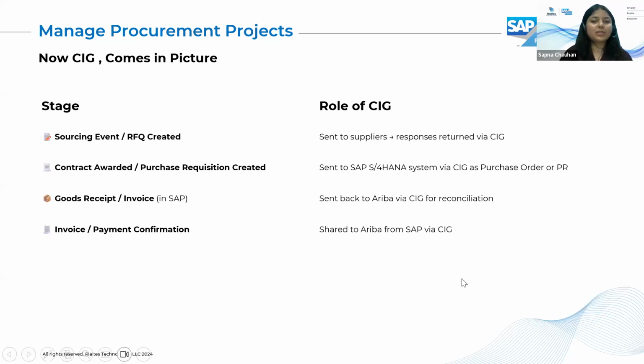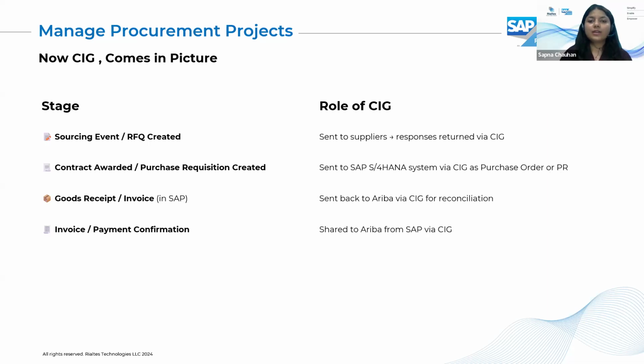Now CIG comes into the picture: it sends the purchase order or PR to SAP S/4HANA, and sends responses back to Ariba. At that stage, CIG comes into the picture.